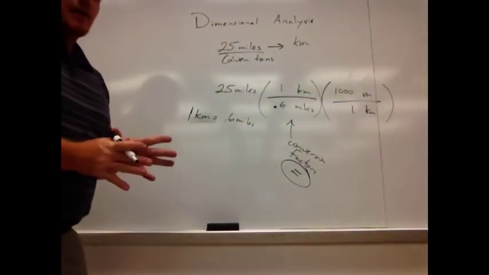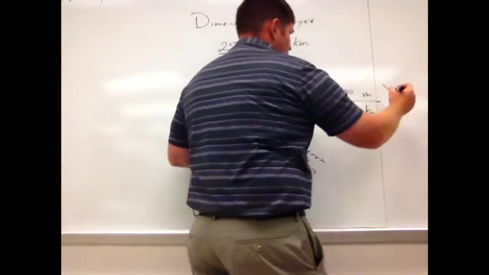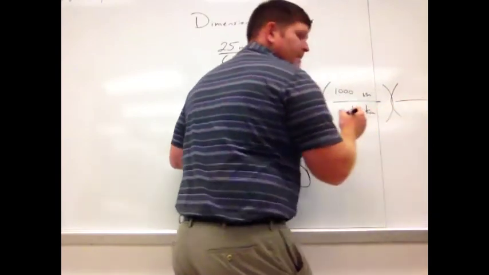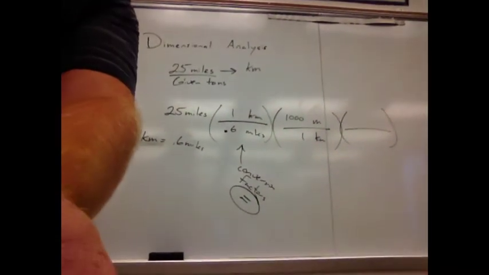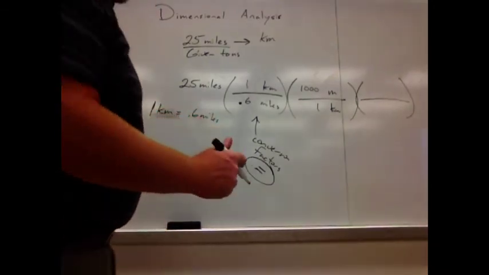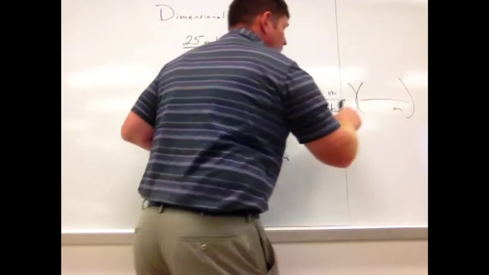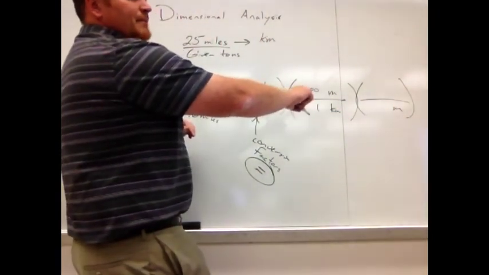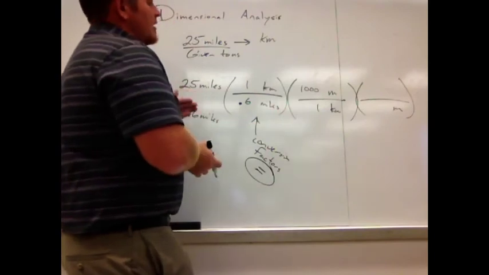Okay, but I don't want to stop at meters, I want to go to centimeters. So now I can draw another one of these. Put that over there. How do I get rid of something that's on top? I put it on the bottom. Now what if it was something on the bottom? How would I get rid of it? I put it on the top. So we're not starting with anything on the bottom over here.